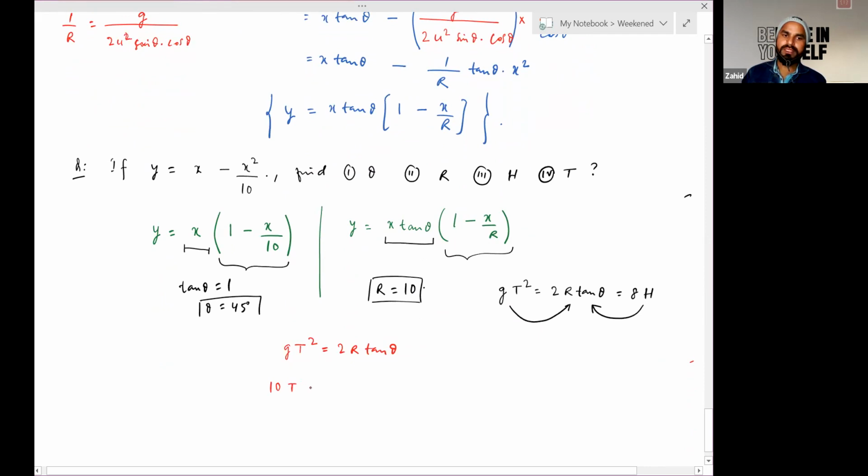You have to calculate t. 2 times R is 10 and tan theta is 1. So this 10 and this 10 will cancel out. So you will get time of flight equal to √2 seconds.